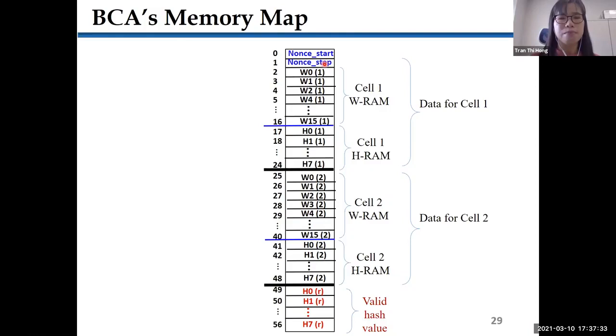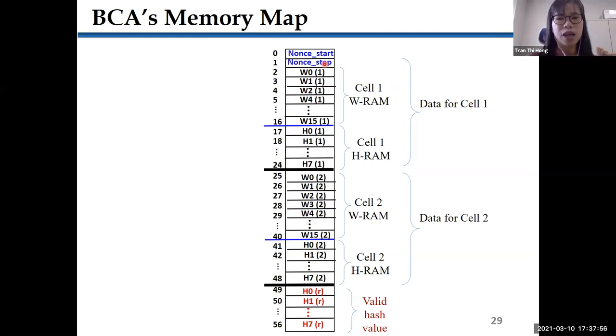And the nonce step tells the BCA how many nonce values each DPE will calculate. For example, let's say in the BCA we have 64 DPEs, processing elements.